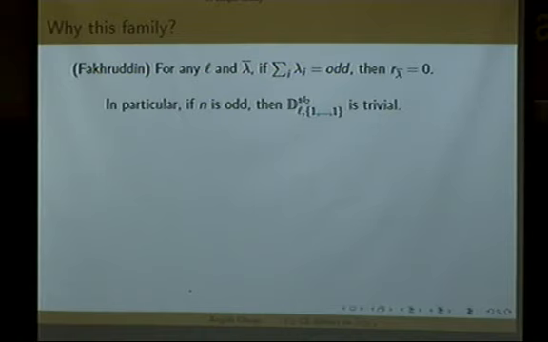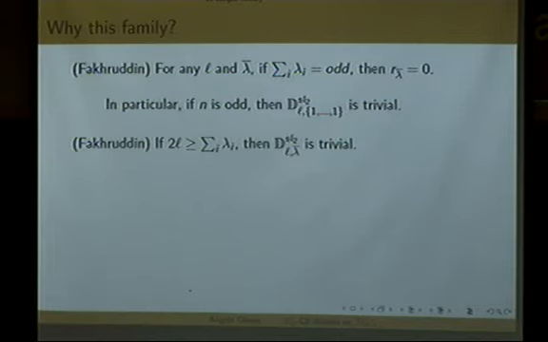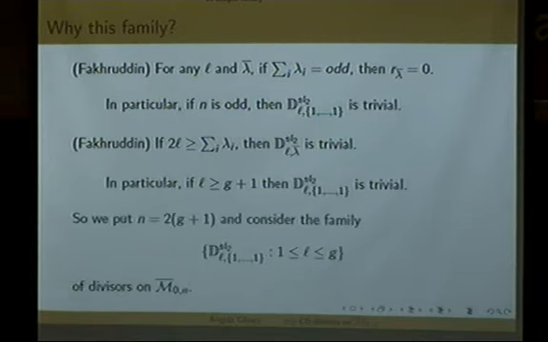So in particular, if n is odd, then this divisor is trivial. And also Fakhruddin showed that if the weights are less than or equal to 2 times the level, then the divisor is trivial. So in other words, if the level is too big, then the divisor is trivial. So we're stuck with looking at levels between 1 and g.